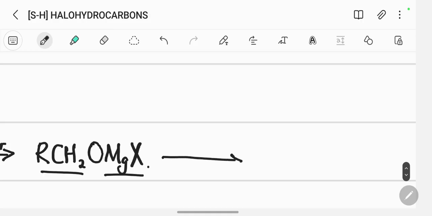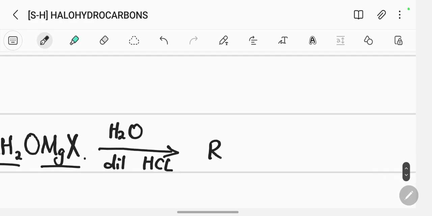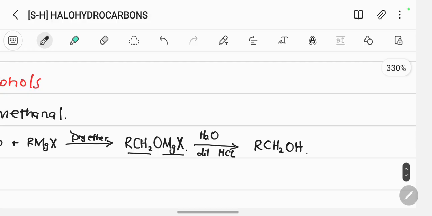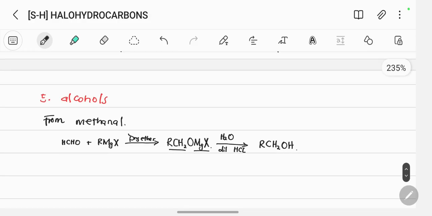After that, I have to add there water and dilute HCl. When I add dilute HCl, it gives me RCH2OH, like that. So using this, we formed a primary alcohol.